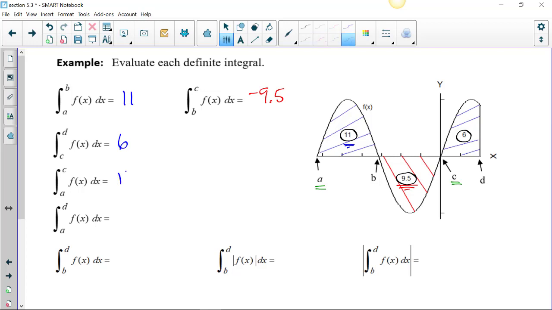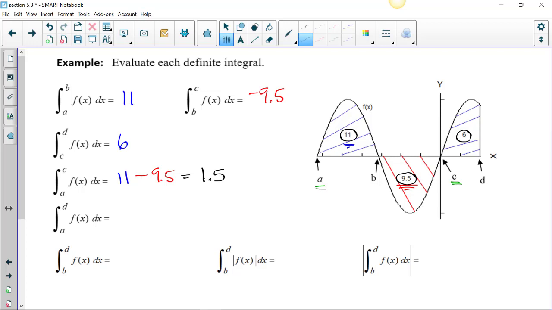So basically we have 11 minus 9.5, and that's going to give us 1.5. So my definite integral comes out to be a positive number, 1.5, but it does not calculate total area.